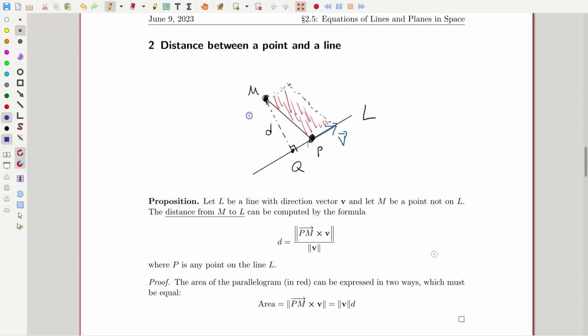You can have all kinds of lines, but the distance is going to be the one that has minimal length, right? And so this ends up being the height of this parallelogram, so it's going to be the length of this side, which is the magnitude of v, times the height, which is d. And then by solving for d, obviously, you end up with this formula. So that's why we know this formula.